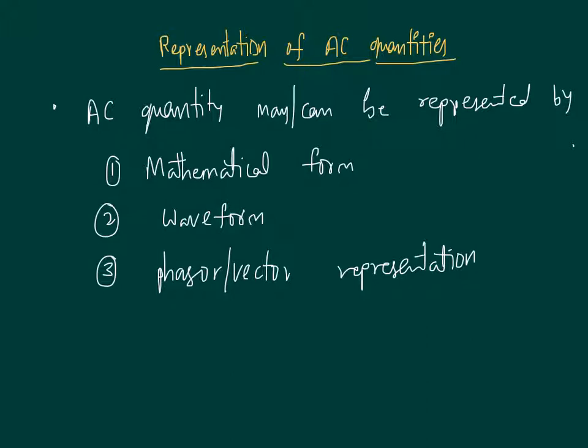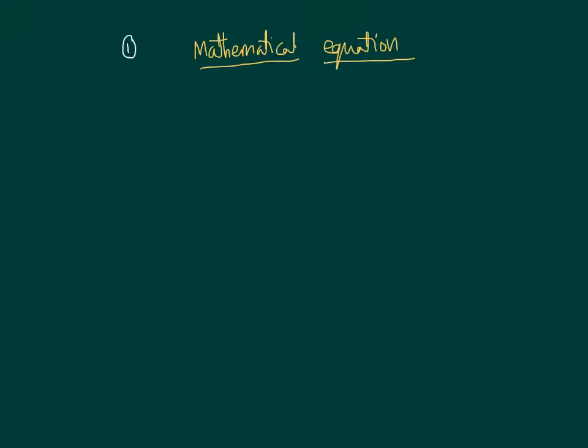These are the three ways by which we can represent AC quantities. Now we will discuss the first one, mathematical equation form.